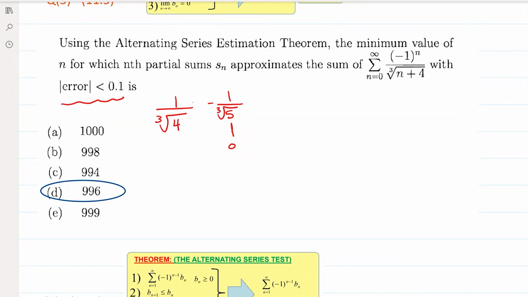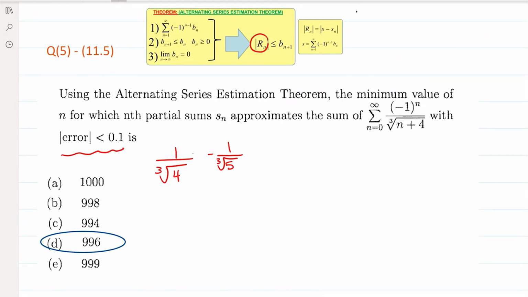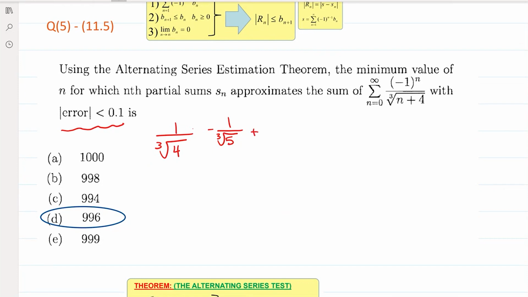Now you know that in each term, the remainder will be less than the next term. The next term at n equal 2 will be plus. So at what term will we get this number? Consider the term n equal 996.